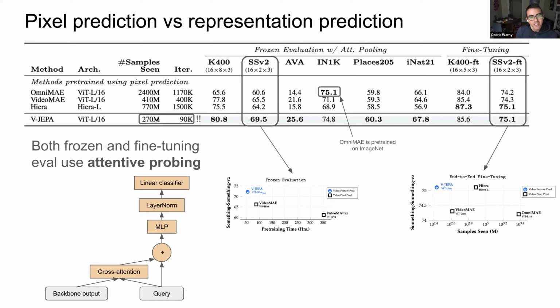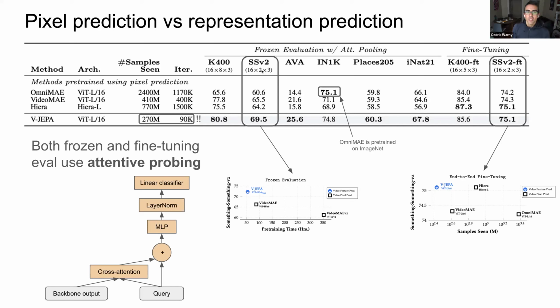So fewer samples for JEPA, and the number of iterations of the model is also much lower, 90,000 iterations versus big numbers here. And V-JEPA outperforms across the board almost compared to these other models.